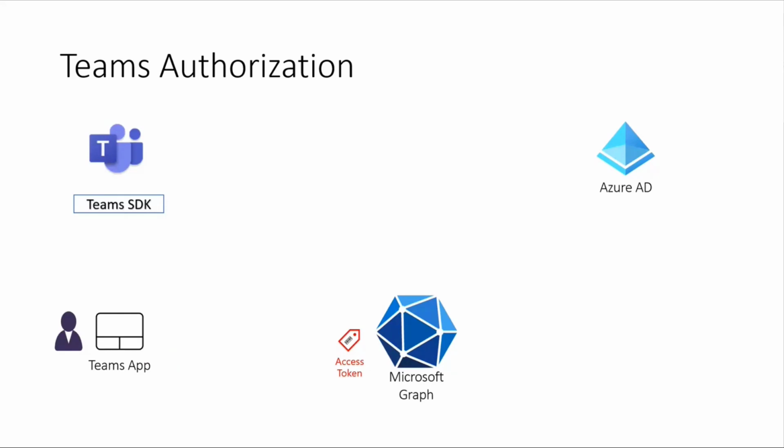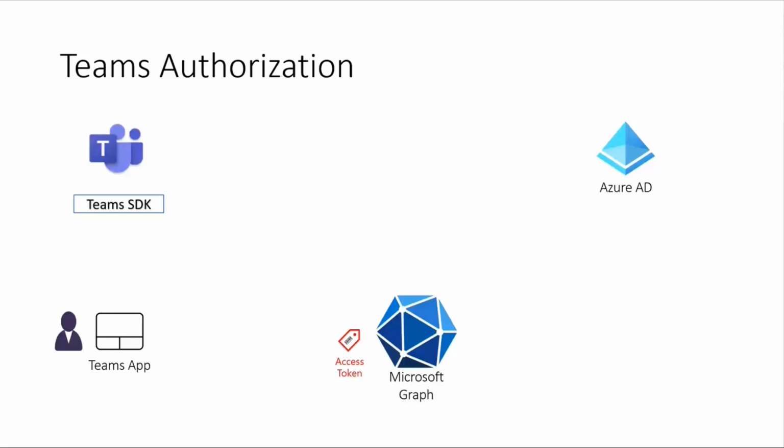So I don't need to worry when I call Microsoft Graph, this user is not going to be able to access some resource that they're not supposed to, because Microsoft Graph will make sure that any access will always be bounded by the identity of the user who's inside the token.